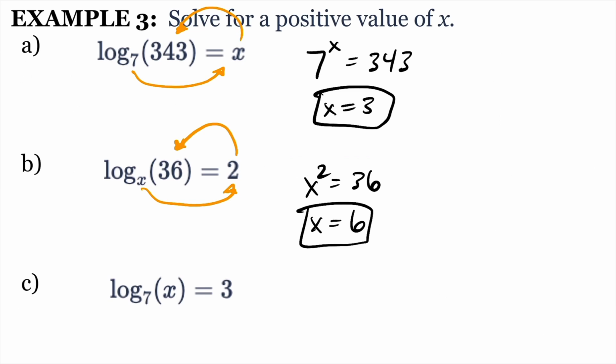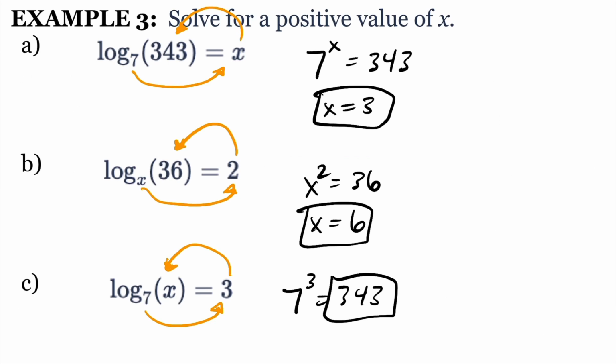The last one, 7 to the third power equals what? So now we're looking for the answer there. 343, yeah. Right? So A, we were looking for the exponent. B, we were looking for the base. C, we were looking for the answer. We're just missing one, right?